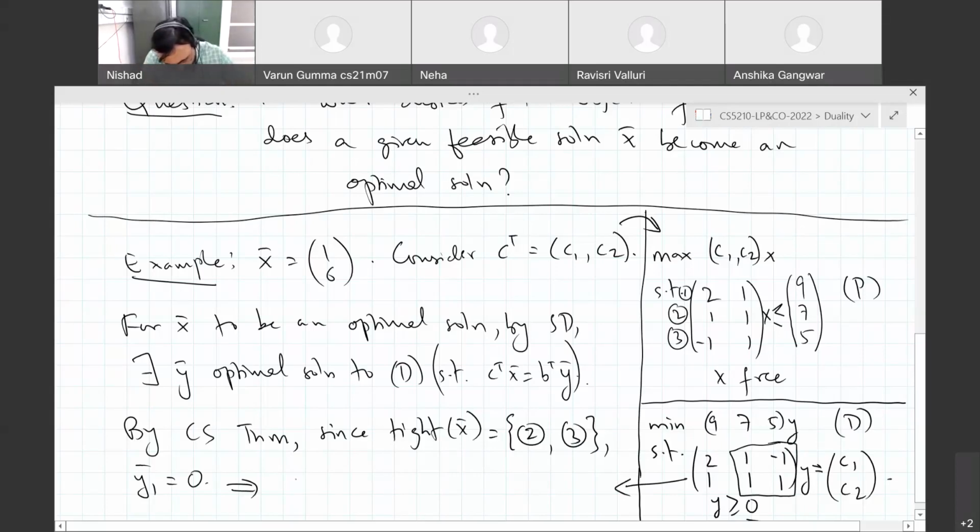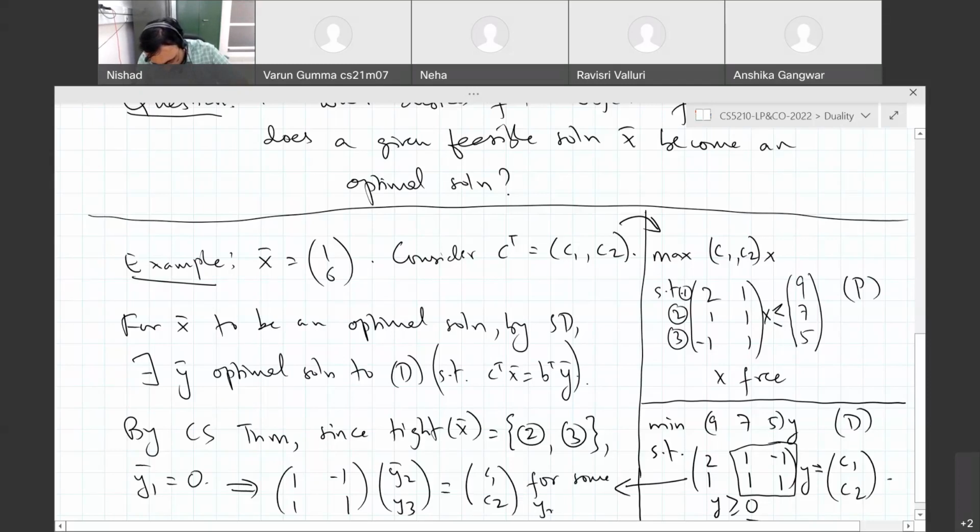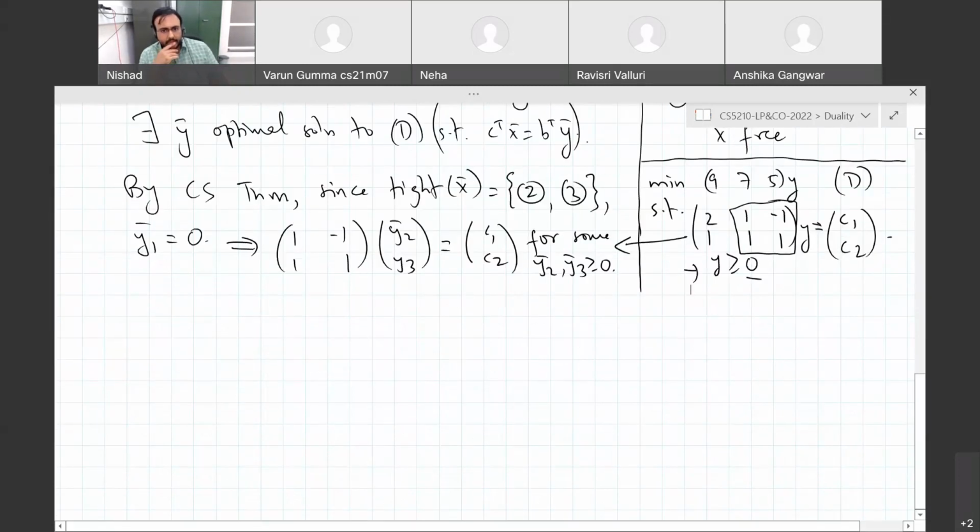So that means that this matrix times y2 bar, y3 bar should be exactly equal to C1, C2, for some y2 bar and y3 bar which are non-negative, because non-negativity is in our dual, right? Because the x's were free variables. Are there any questions at this point?